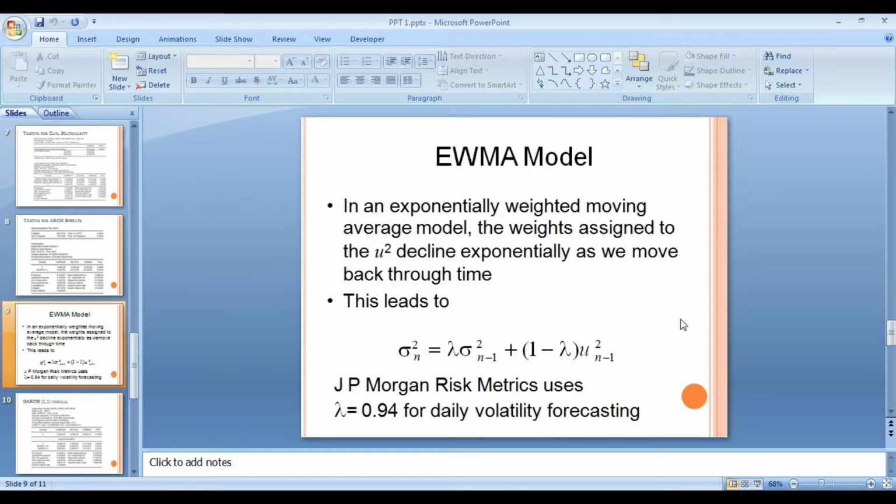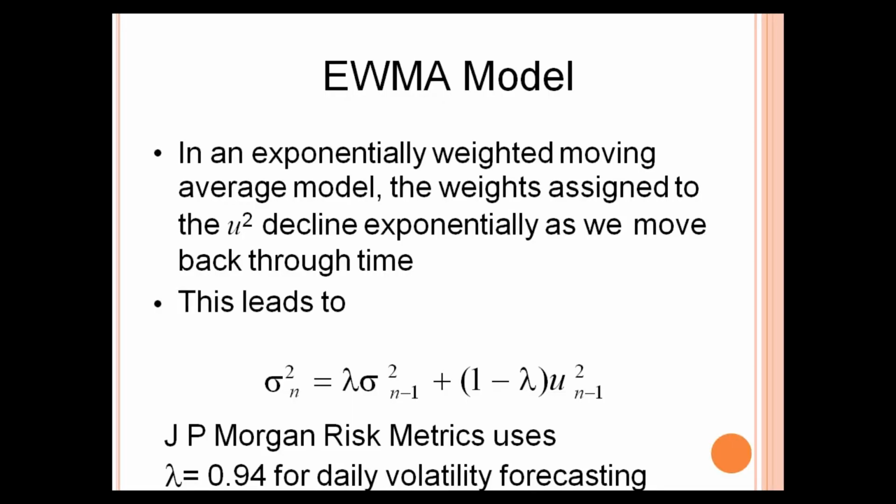So the next table talks about the EWMA model, exponentially weighted moving average, which we have done in our previous video. Basically the RiskMetrics model, the variance that we have calculated, you can see the formula: lambda multiplied by long run variance of t minus 1 data point plus 1 minus lambda multiplied by return square of the t minus 1 data point.